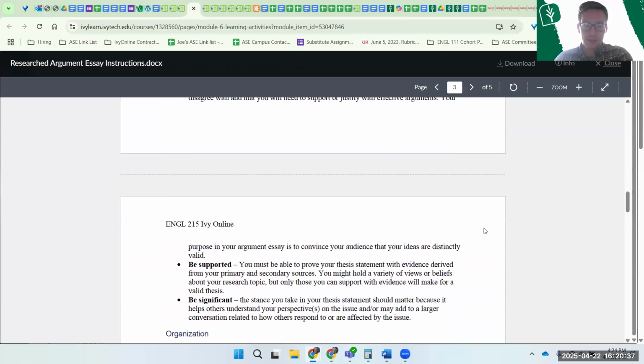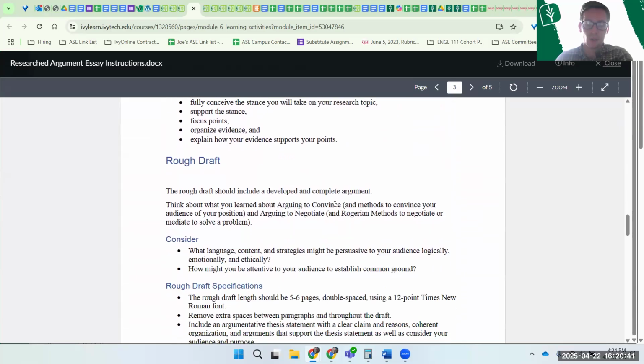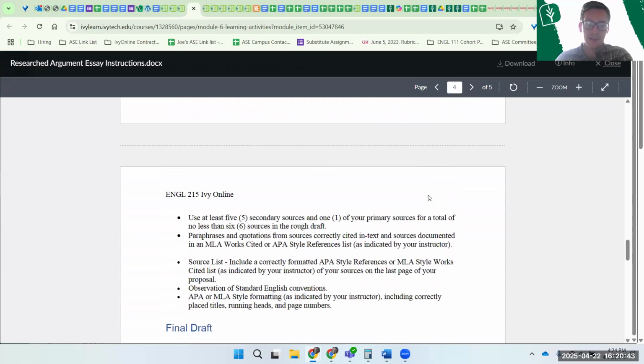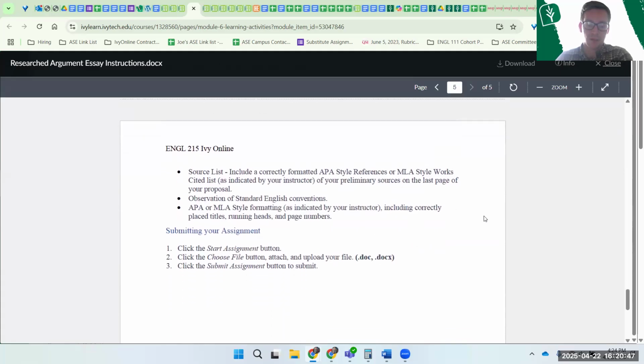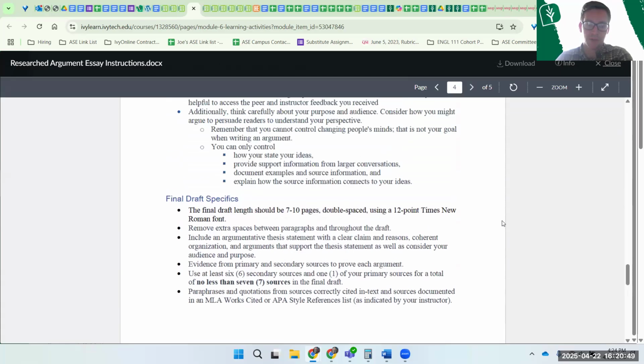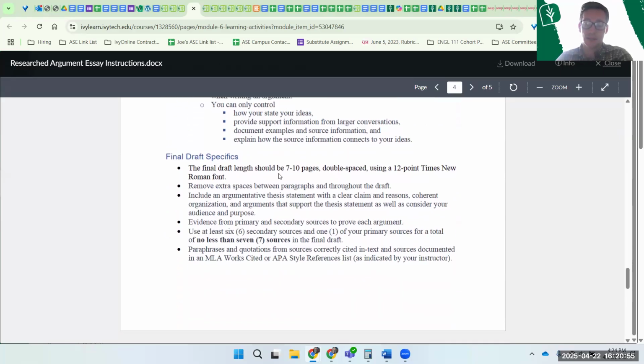So in this, we discuss strong thesis statements, organization ideas, and then it walks you through what you want to think about for your final draft and your final revisions, and ultimately where we are getting to for this essay, which is at the end of the day, a 7 to 10 total page essay with at least 7 total sources.